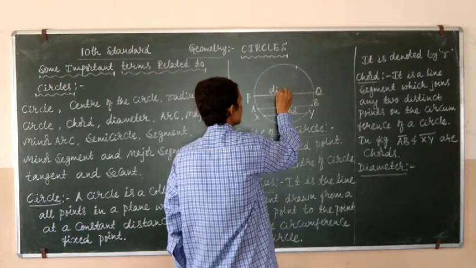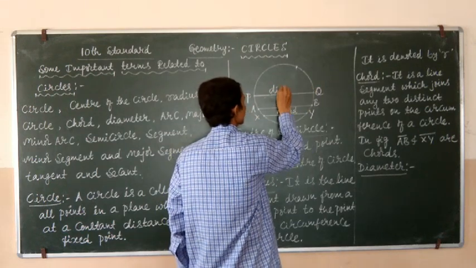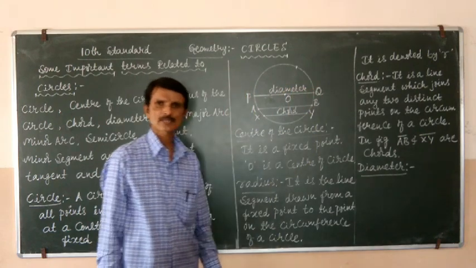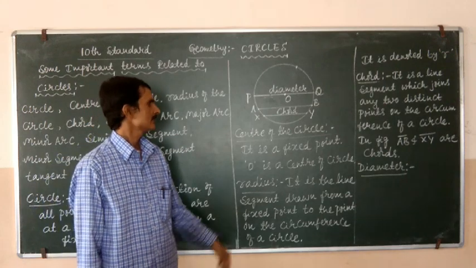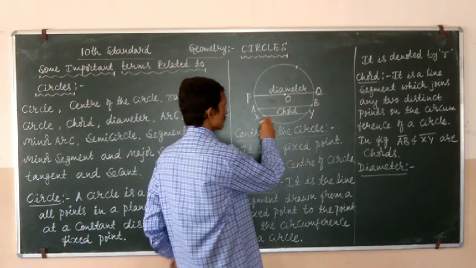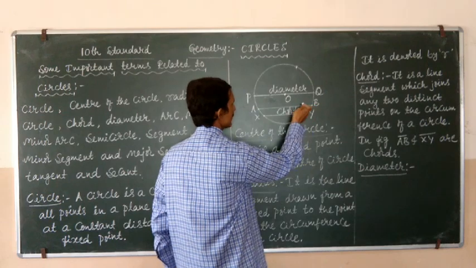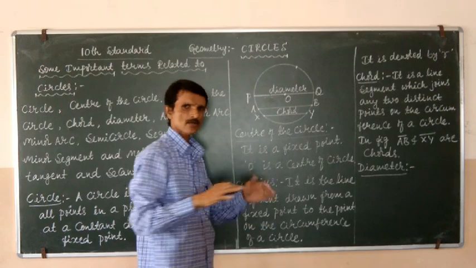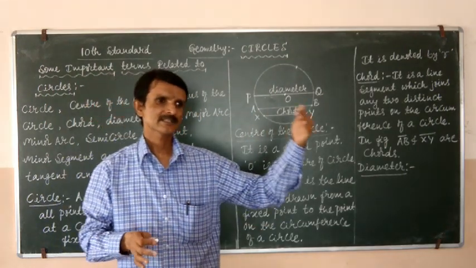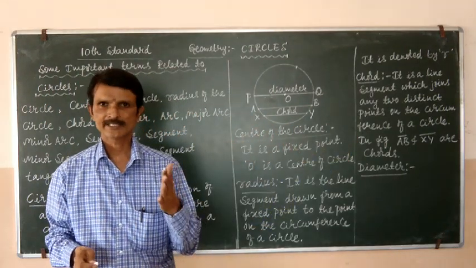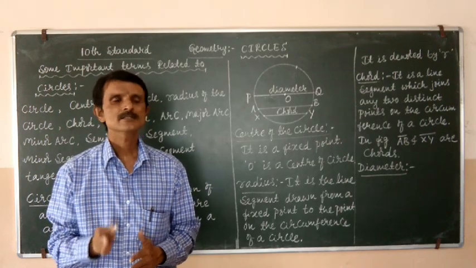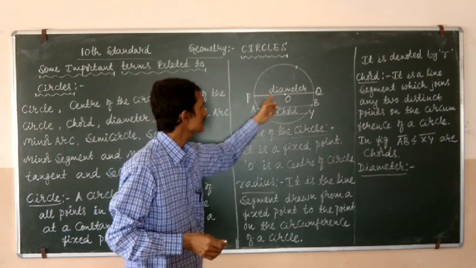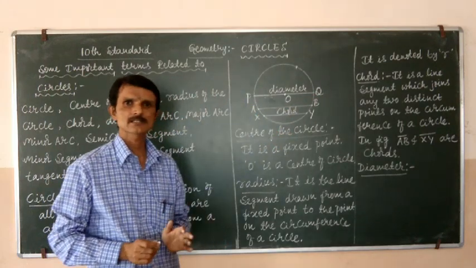So in the figure, PQ is called the diameter, whereas XY and AB are called chords. PQ is also a chord, but it is named a diameter because a diameter is a chord which passes through the center of the circle.